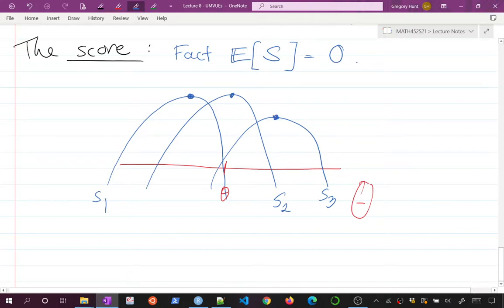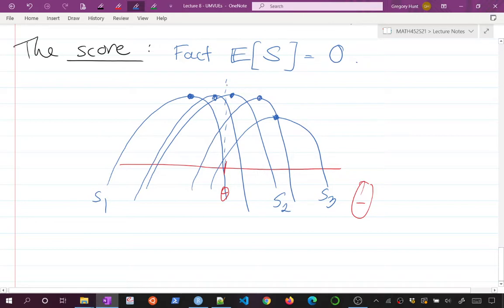If I look at theta, we'll get different log likelihood functions depending on exactly where we are and under different samples.